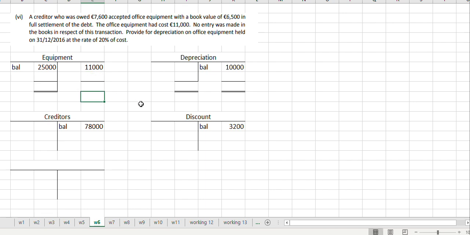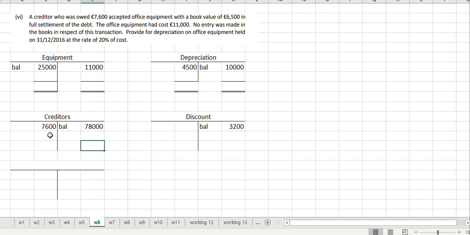Now depreciation, we can just work it out. We don't need to do any calculation. Basically, the equipment had cost 11,000 and had a book value of 6.5. Therefore, the depreciation was 4,500. From that, we owed the creditors 7,600, so we will reduce creditors by 7,600.